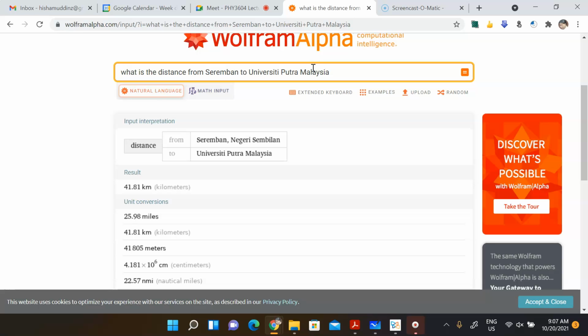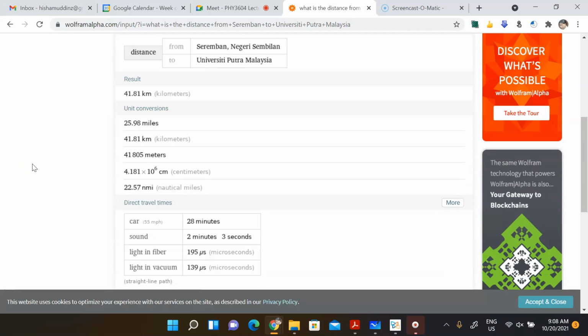I travel about 42 kilometers per day, to and fro, which means I travel about 84 kilometers. I come every day, so within a week, 84 times 5, and you can see how much I travel for a week. It also gives you the distance in centimeters.